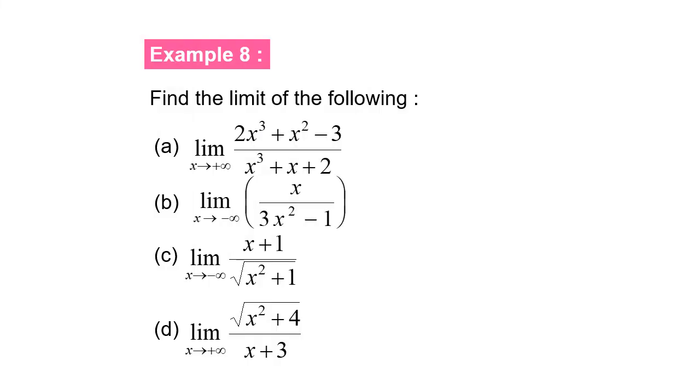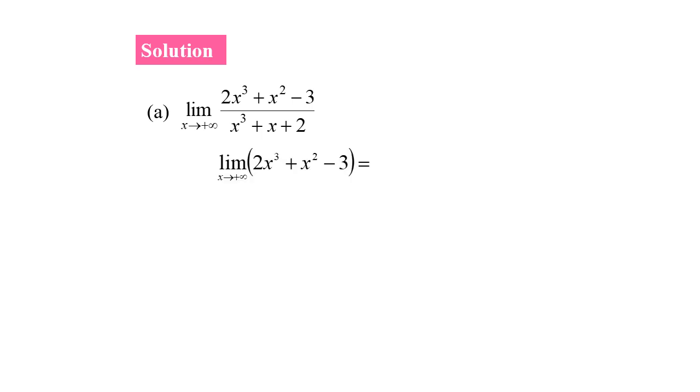Okay, let's see some examples of limits at infinity. We have questions A to D here. For question A, the limit of (2x cubed plus x squared minus 3) over (x cubed plus x plus 2) as x approaches positive infinity. If we just substitute infinity, what will we get? The top is infinity and the denominator is also infinity.